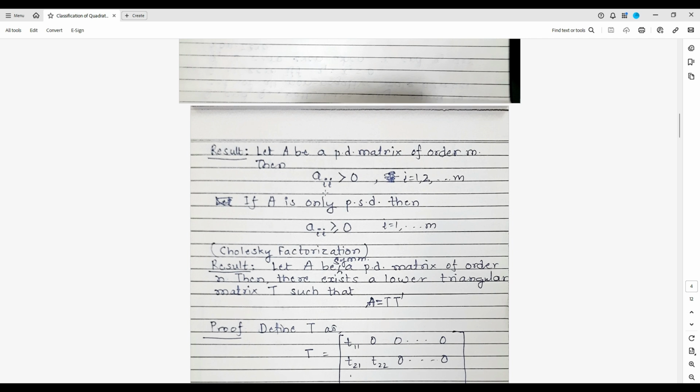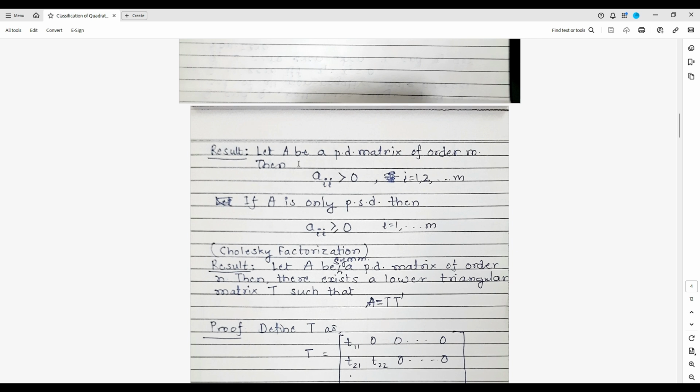Then all the diagonal elements of A are greater than 0. And if A is only positive semi-definite, then all the diagonal elements of A are either greater than 0 or equal to 0.